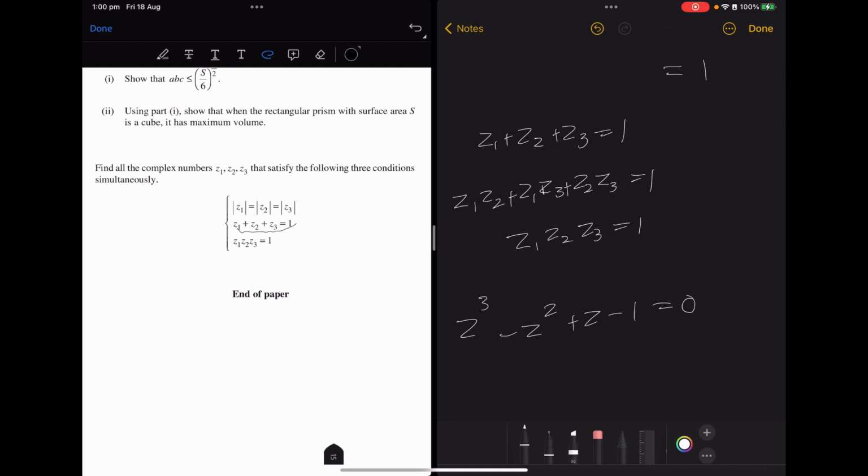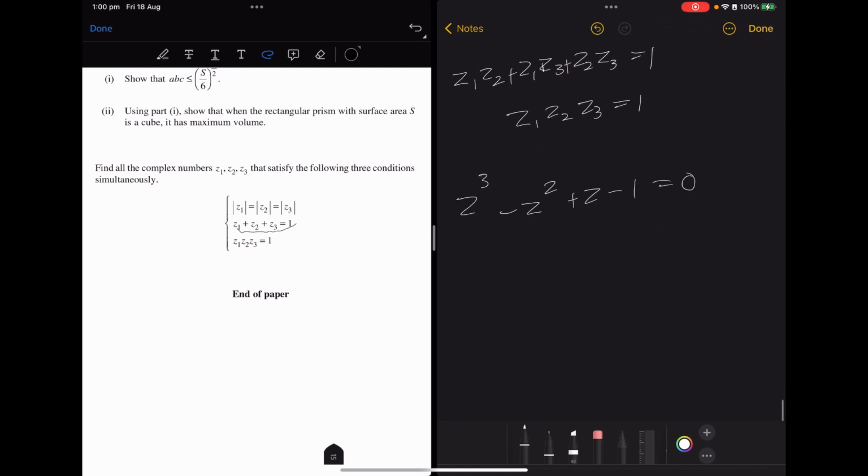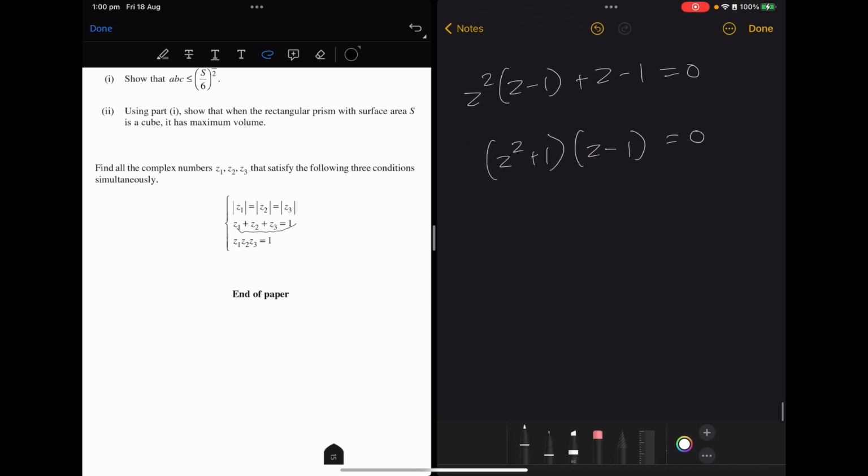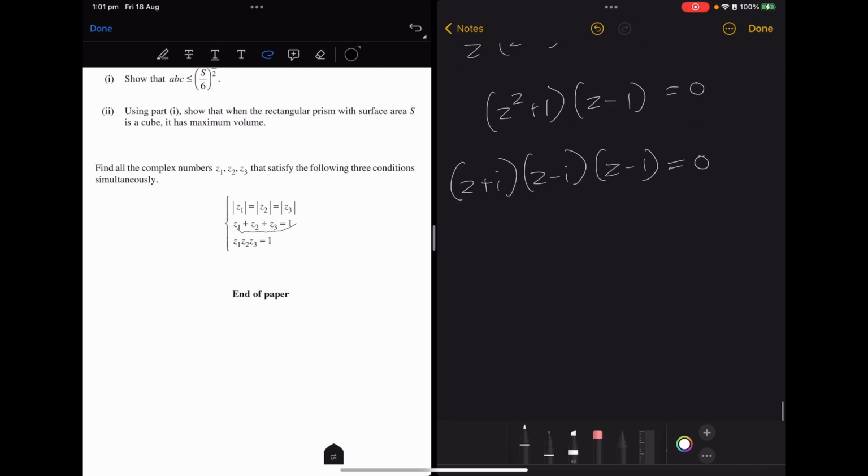And the cool thing is, this is a really easy polynomial to solve. So let's factorize it as z squared times z minus 1, plus z minus 1 equals 0. That's z squared plus 1 times z minus 1 equals 0. And finally, into its complex roots, z plus i, z minus i, times z minus 1 is equal to 0.